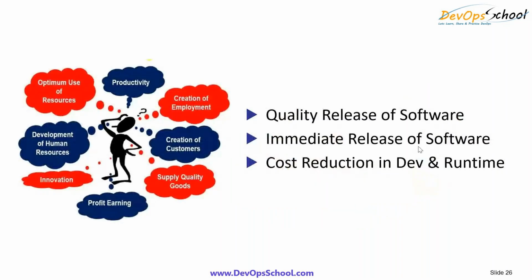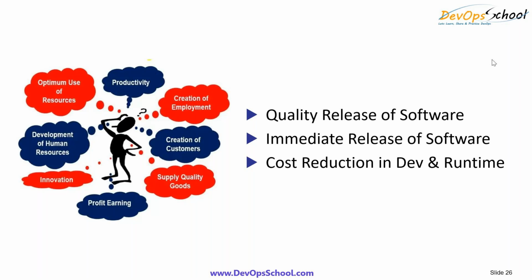So that is where the organization started thinking in many other directions also, and they had the same goal. If you look at this, the goal has not changed. They again wanted to focus on the quality of the release of the software. They wanted immediate release of the software. They wanted to reduce cost in development and runtime. Again, the same objective all the time.